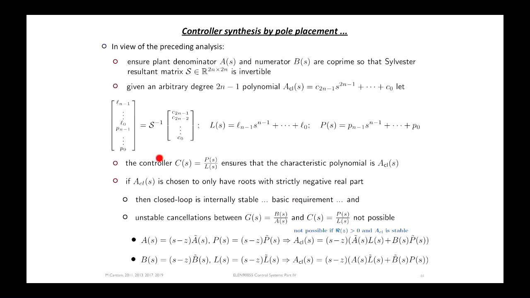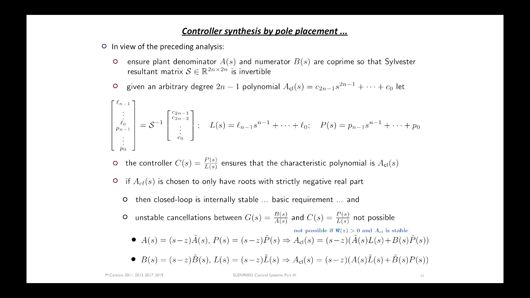That's just summarising what I've just said in words. We get our unknown coefficients of the controller polynomials by multiplying the coefficients of the desired characteristic polynomial by the inverse of the Sylvester matrix.